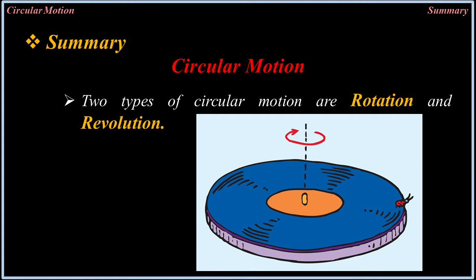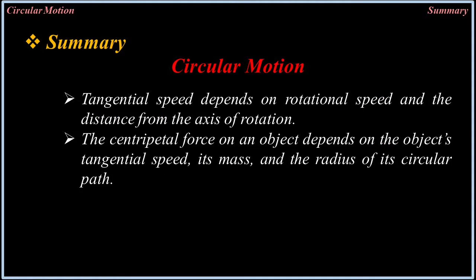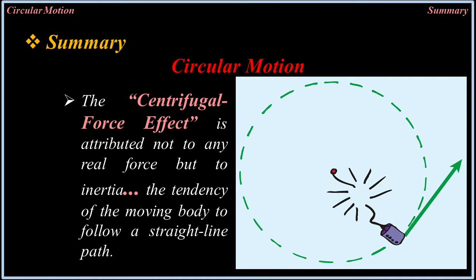Circular motion summary. Two types of circular motion are rotation and revolution. Tangential speed depends on rotational speed and the distance from the axis of rotation. The centripetal force on an object depends on the object's tangential speed, its mass, and the radius of its circular path.